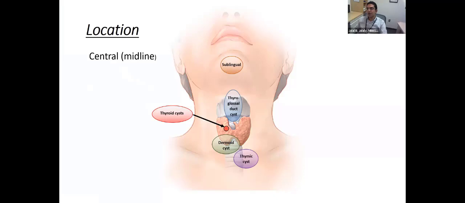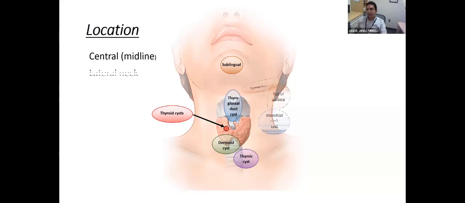But others can also occur in the central neck, such as the dermoid cyst and the thymic cyst. The thyroid itself can have cystic lesions, but you also have to think about the parathyroids, because those can have cystic lesions as well. And don't forget that the sublingual gland is in the midline, and that can also have cystic salivary gland neoplasms as well as a mucocele, which in that location is typically referred to as a ranula.